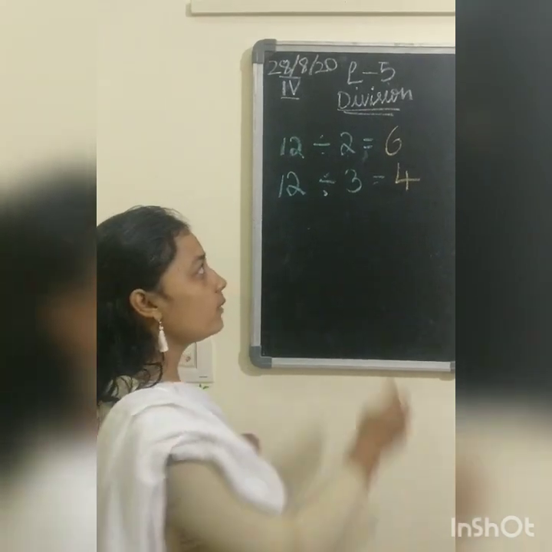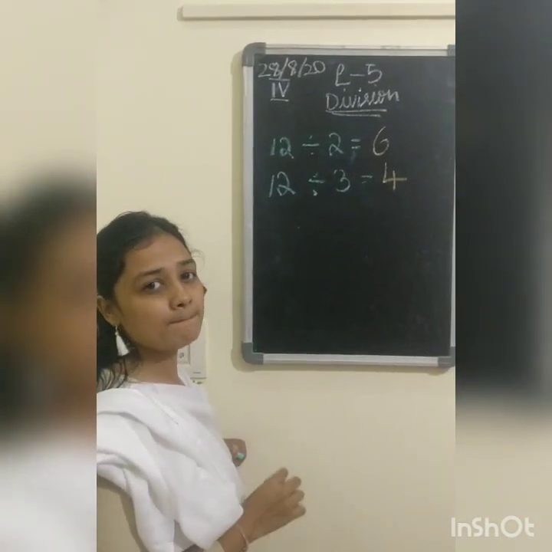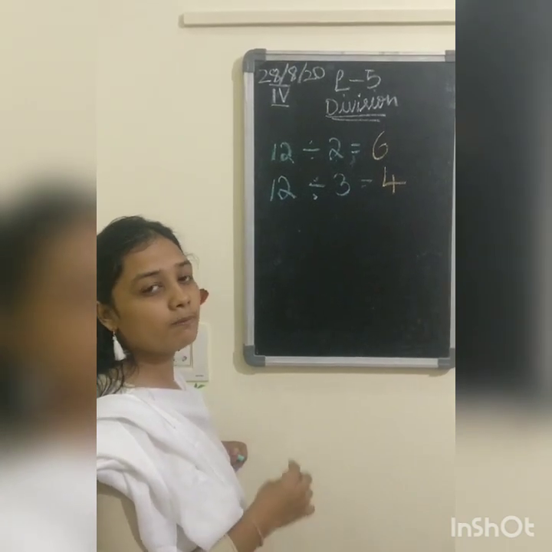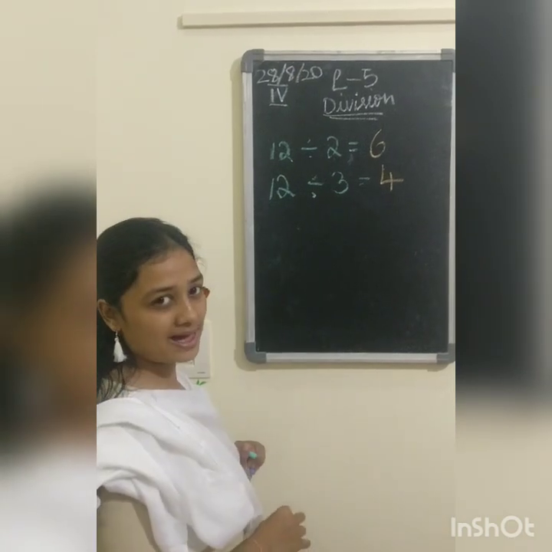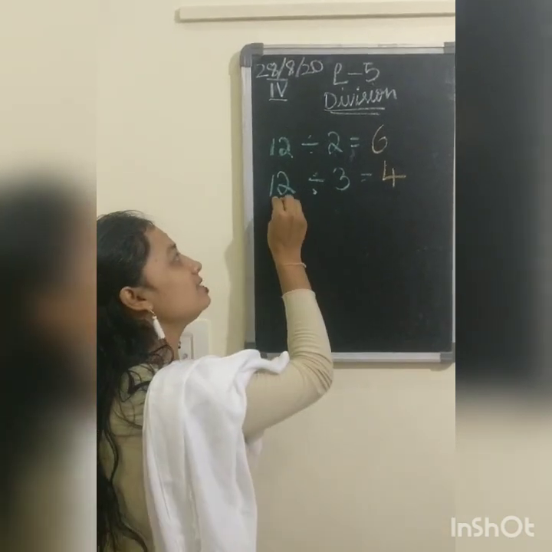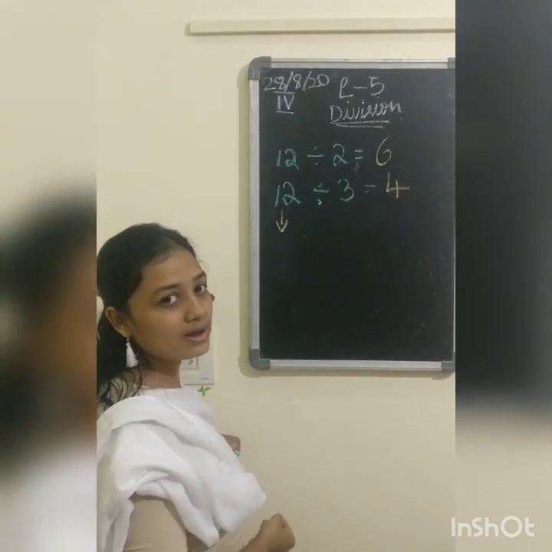Okay. Now even these numbers have some names. Just like multiplication, we saw the parts of multiplication. Like that, even division has parts. So what is this first number called? The first number is called dividend.